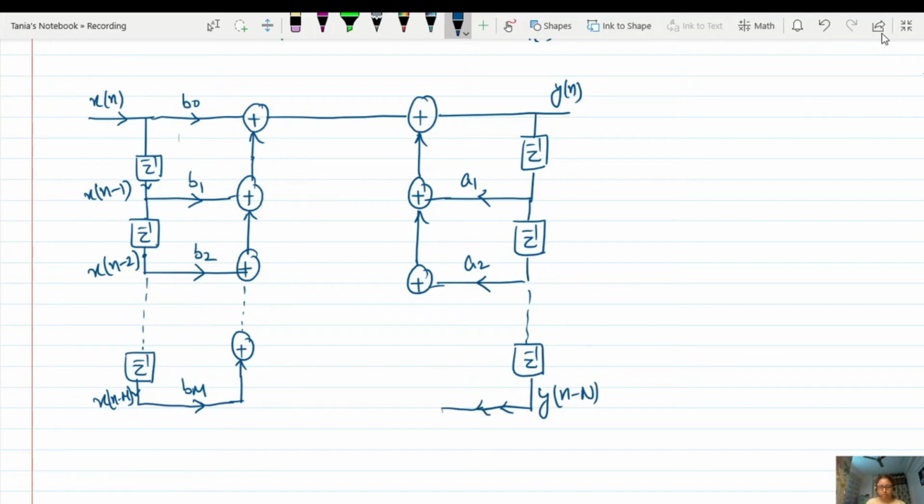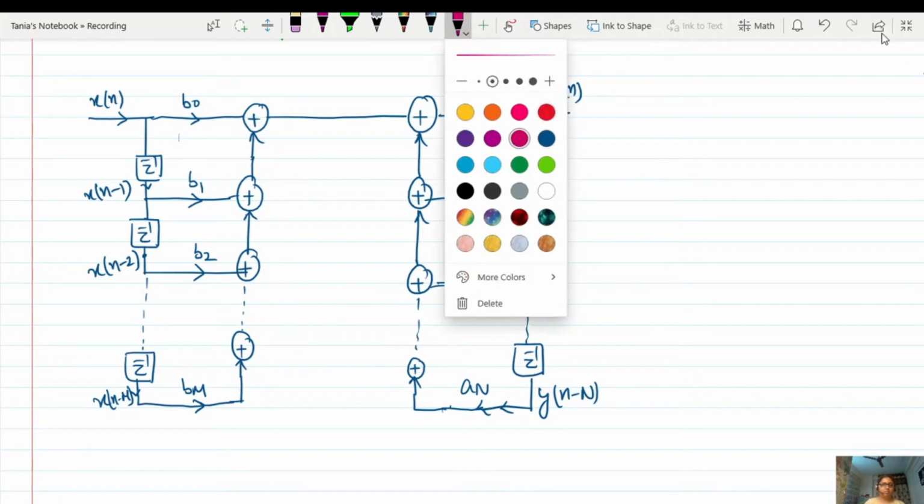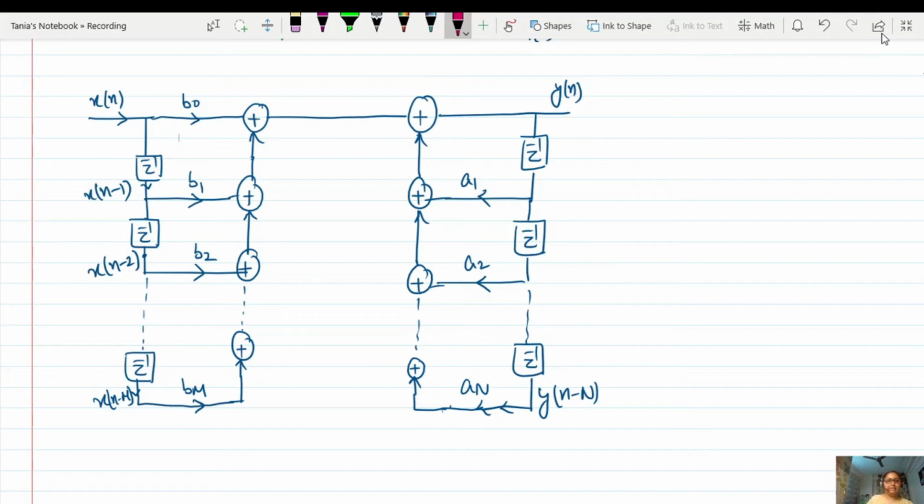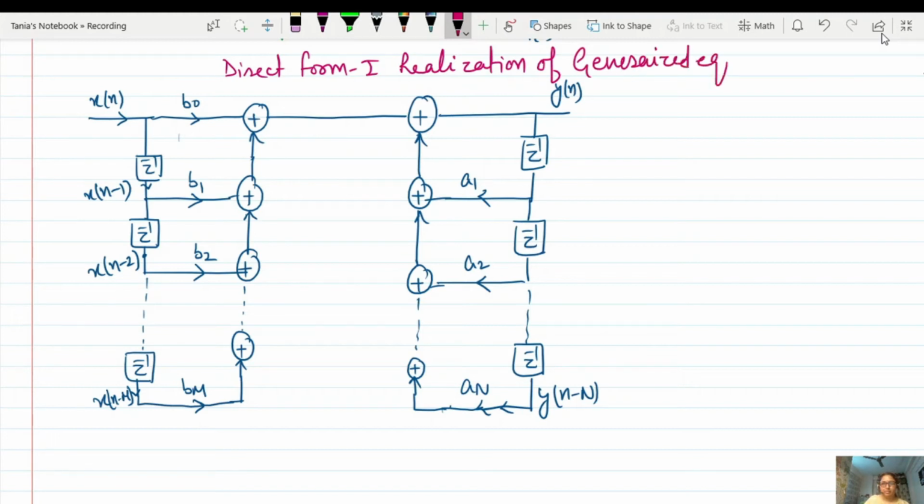Here we put the coefficient a n and add it to the previous element. This is the generalized form of direct form 1 realization of our generalized system equation.